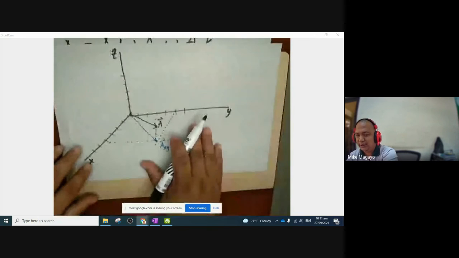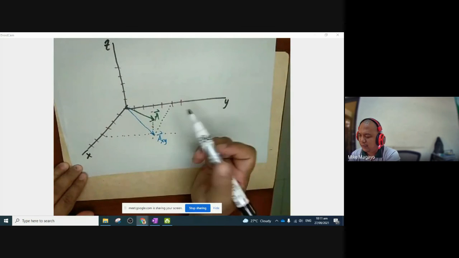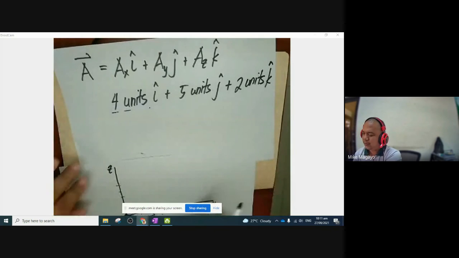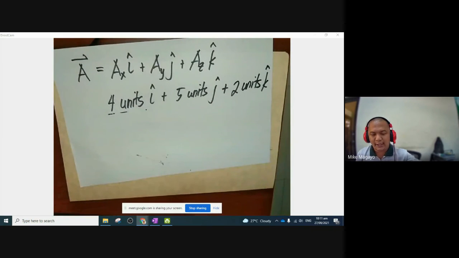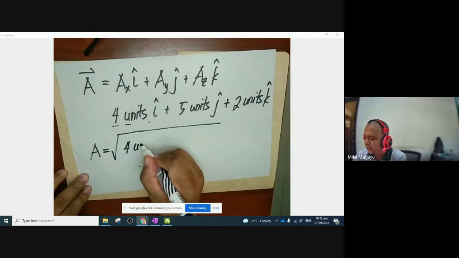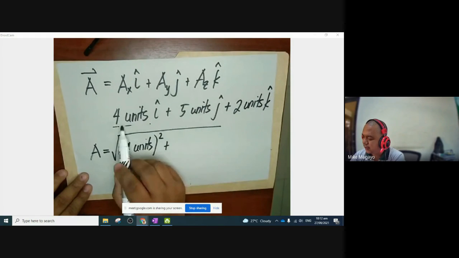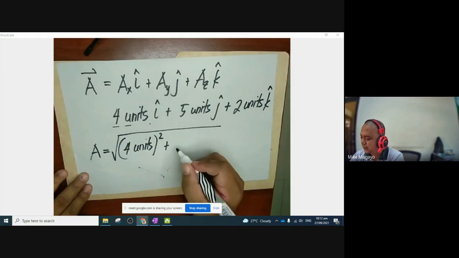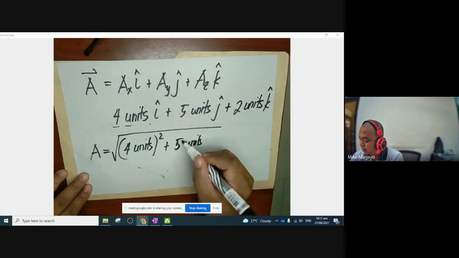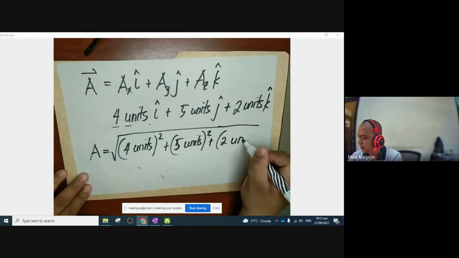But our intention is actually just to calculate the magnitude. I'll just demonstrate this so that you can see what we mean by this particular vector in graphical representation. Again, using the Pythagorean theorem, we could calculate the magnitude of A equals 4 units squared plus 5 units squared plus 2 units squared, which are ax squared, ay squared, and az squared.